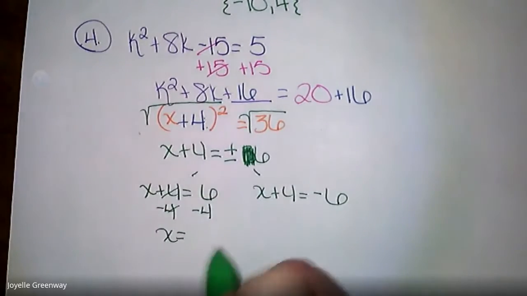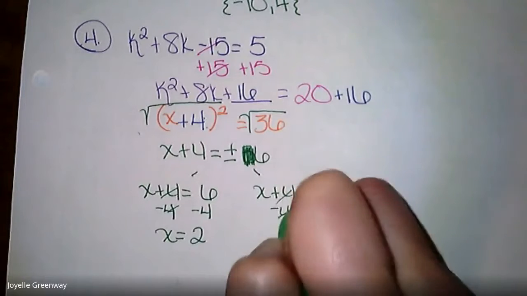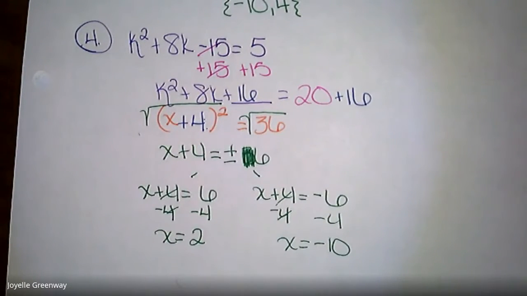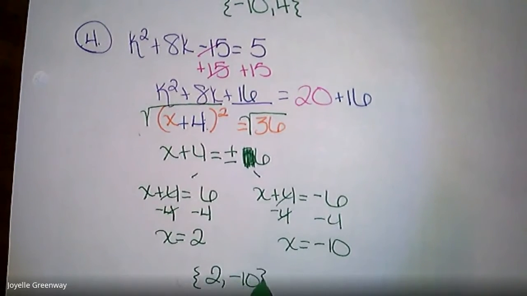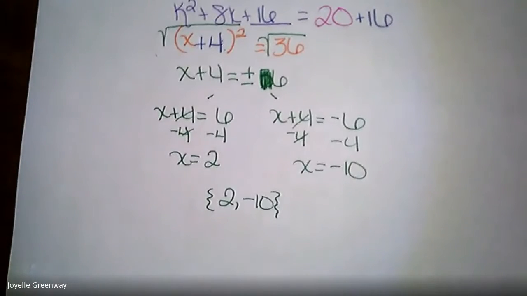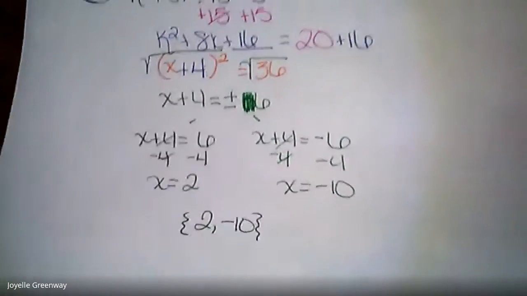So I have x is equal to 2, and x is equal to negative 10. So those are my two solutions, 2 and negative 10. So hopefully it's starting to click a little bit more. I'm going to do 2 more examples.